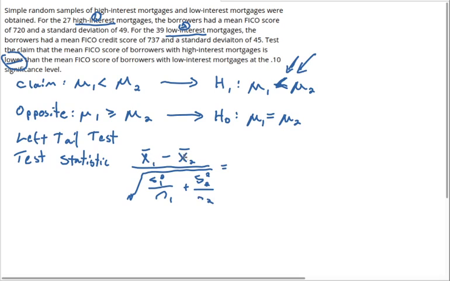So I look at my sample mean. For the first group, the high interest group was 720 and the low interest group was 737.